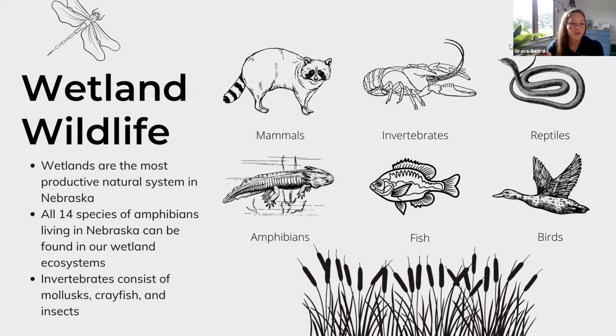In Nebraska, we have 14 species of amphibians, and 100% of those rely on our wetland ecosystems. That's not a ton of species, but having each one rely on a wetland is definitely an important thing to note. And then of course we have different fish species that live in these wetlands, and then birds.